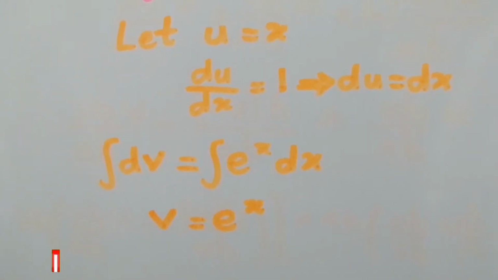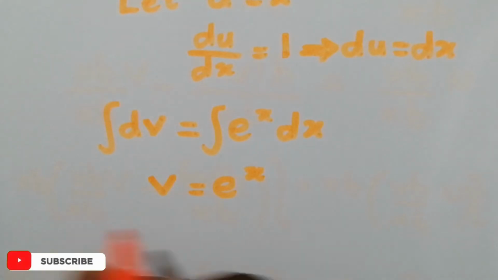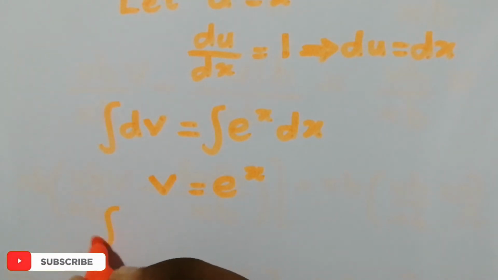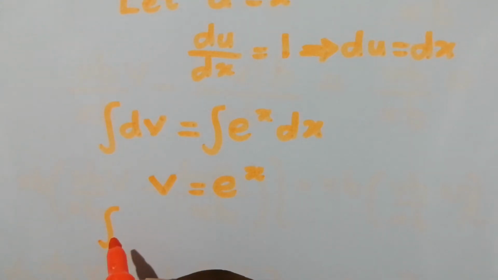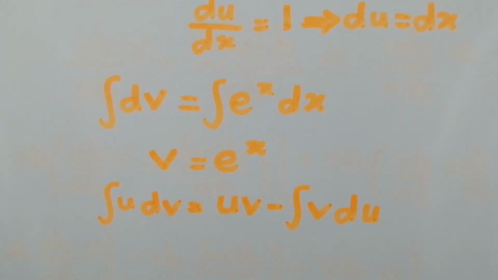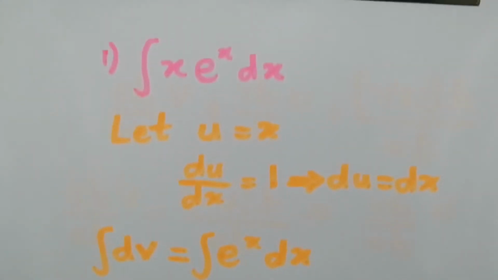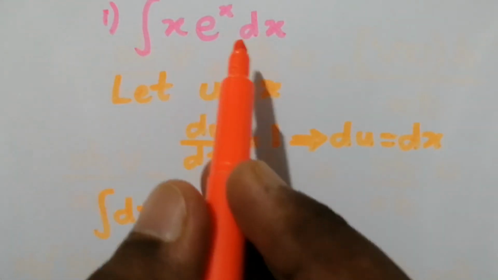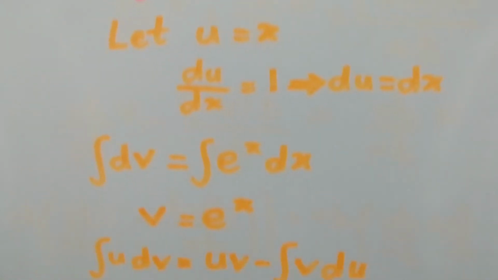Now according to the formula, integral u dv will be equal to uv minus integral v du. Now I have made this integral x e^x dx into the form integral u dv. x is u and the remaining part is dv.